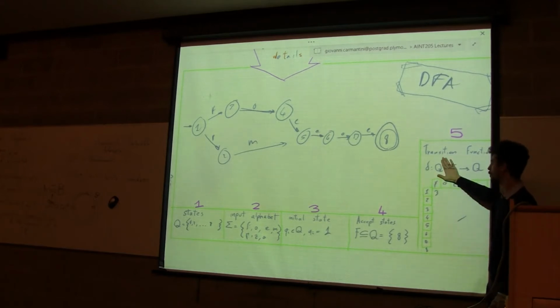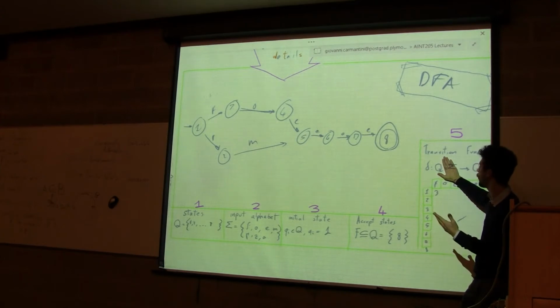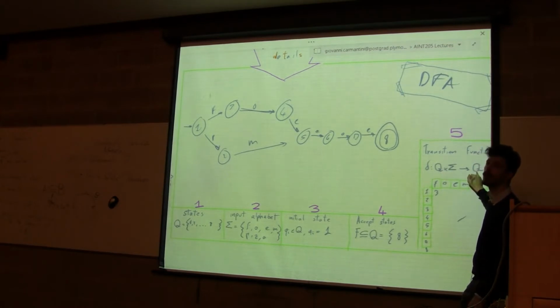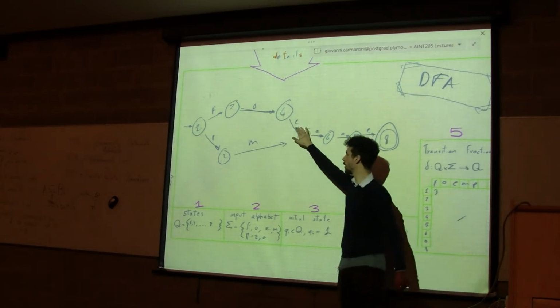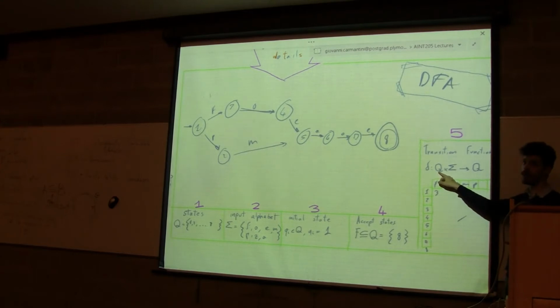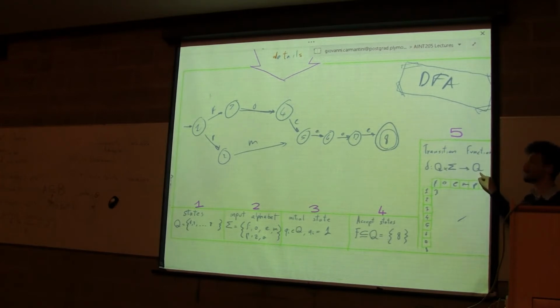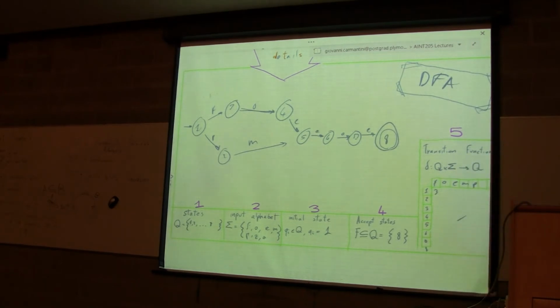Say you're in state 4, and you want to know, if I'm in state 4 and I input the symbol F, what do I do? Nothing, there's no transition. If I'm in state 4 and I input the symbol E, you go to state 5. So you give the delta function a state, you give it a symbol, and it gives you back a state. So that's what it means.